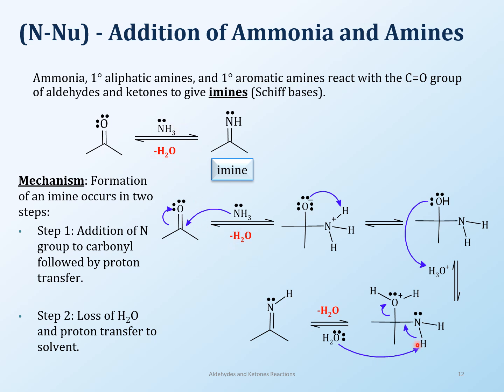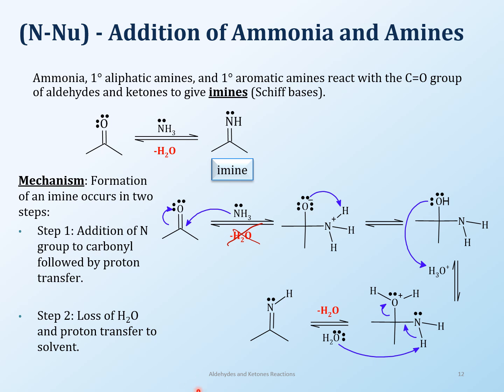The mechanism here is just to show you how things are working. Don't get distracted by the blue arrows; I don't know why I was into blue arrows when I was drawing this out. The main thing I want to show you is where the water is forming. The minus H2O right here, that's where it is supposed to be. This water, I don't even know why I have that, so I'm going to cross it out because I don't think that's needed there.